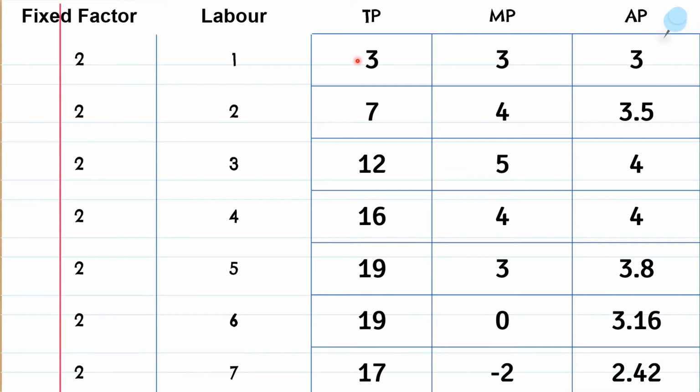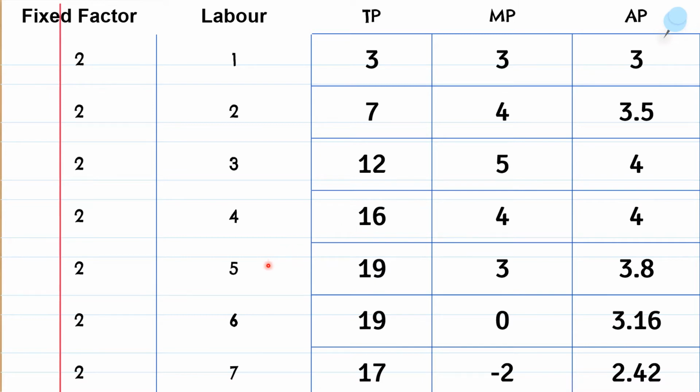The total product of 1 unit of labor is shown here, which is 3 units. When 2 of them are employed, together they produce 7 units. When 3 are employed, together they produce an output of 12 units. When 4 are employed, they together produce a total product of 16 units.